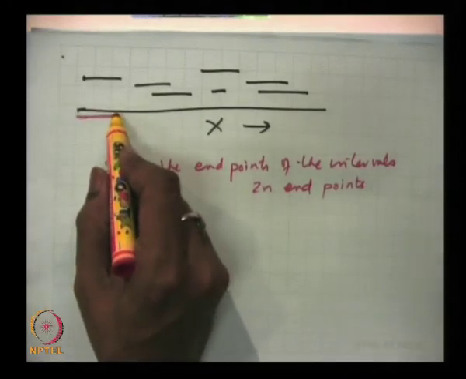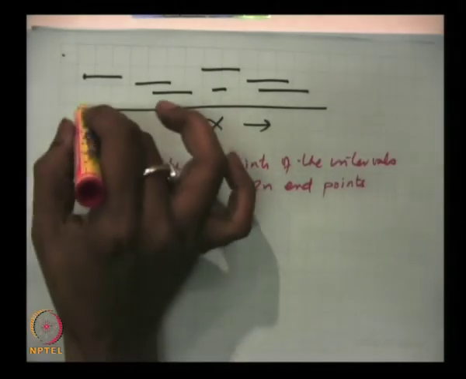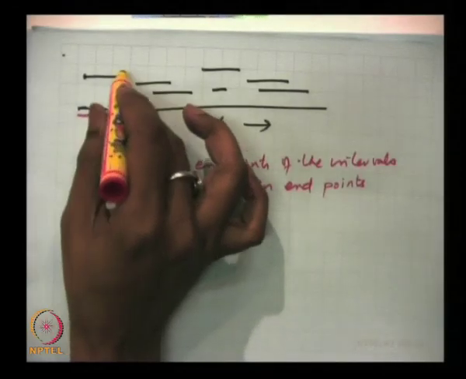And as we walk, I have to keep track of the fact that at any given point of time, is there any interval covering that x axis. Okay. So, as we walk along this x axis, I keep walking because this interval has not ended.